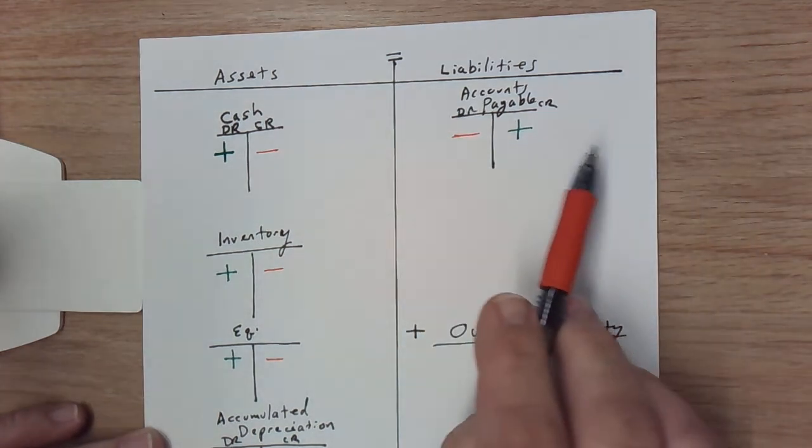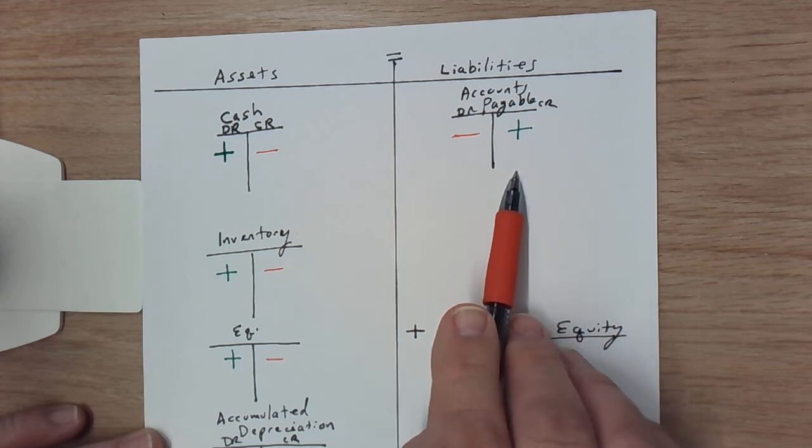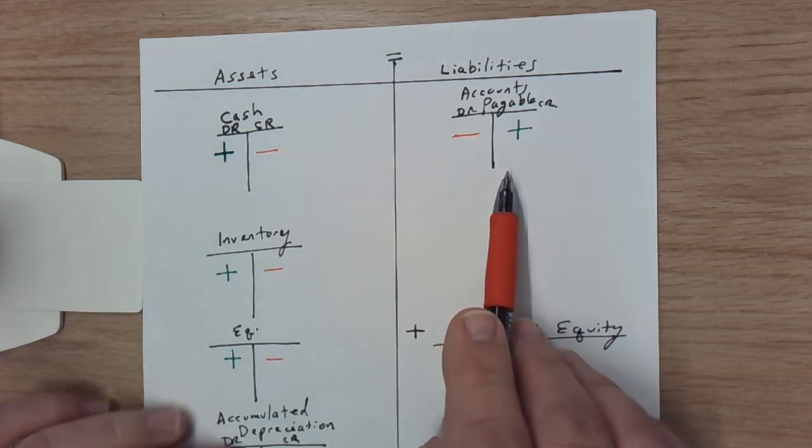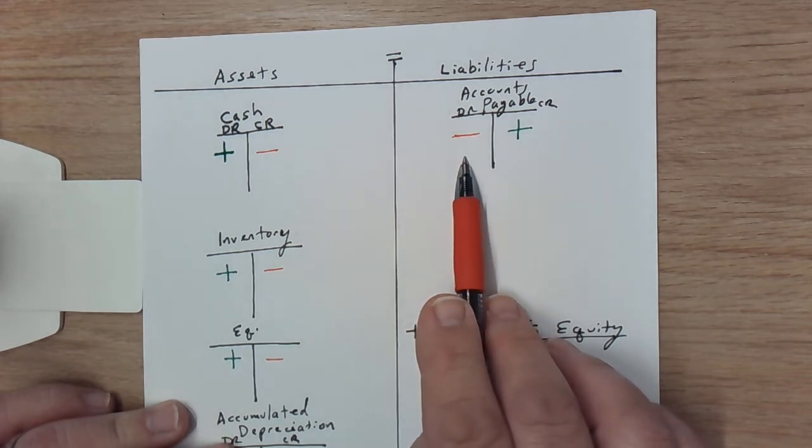So as your liabilities increase, as you owe more money, it's going to be credited and continuously being credited, and that raises the amount of your liabilities, and it will be decreased as you pay them off. You pay off those liabilities, it will be debited.